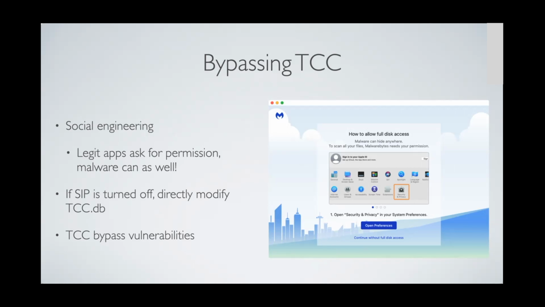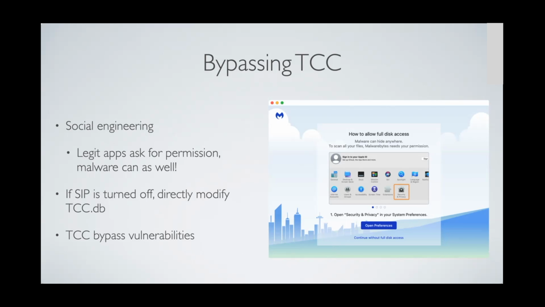So for example, here I've got a screenshot from Malwarebytes. It really needs to have access to the full disk so that it can scan things. That is a legitimate need, but that means we have to ask for permission from the user. If we can ask for permission and other apps do the same thing, malware can do the same.